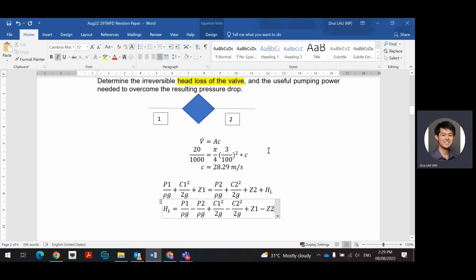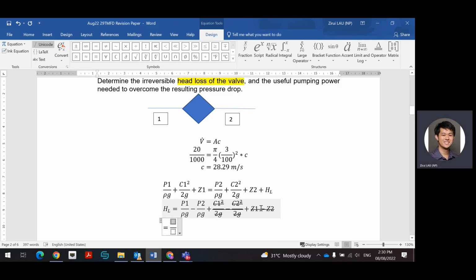But you realize that since the velocity is all the same, correct or not? The velocity is all the same, so this one will all cancel off. The height is also all the same, so this one will all cancel off. So the head loss will only be equal to P1 over rho g minus P2 over rho g.